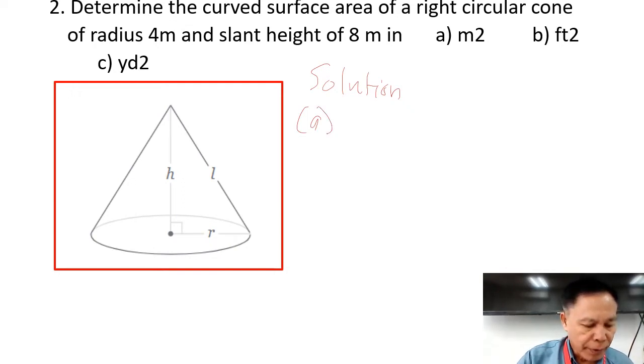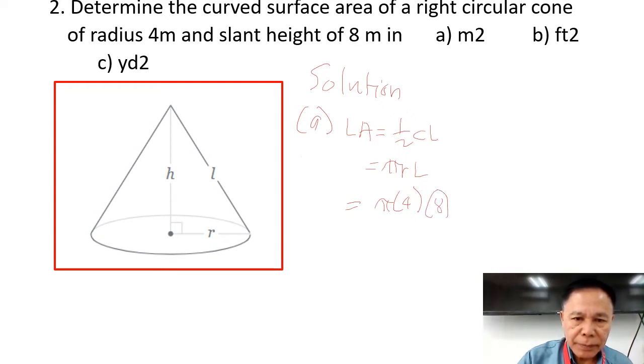The lateral area here would be equivalent to 1/2 CL, or equals pi RL, or simply for letter A, equals pi times 4 times 8.